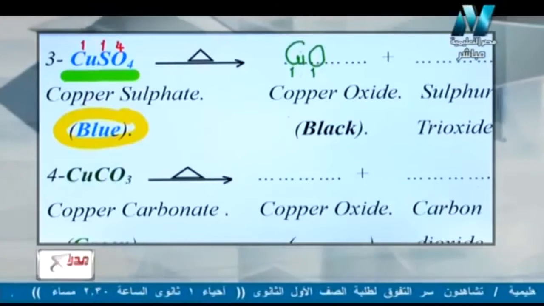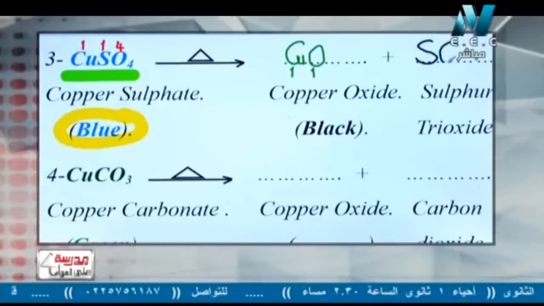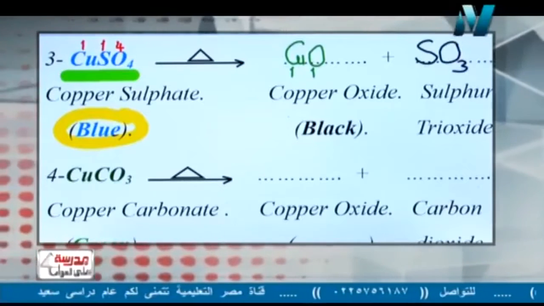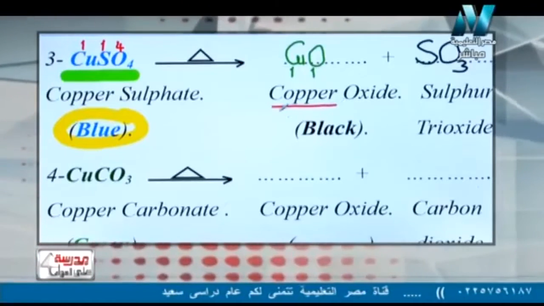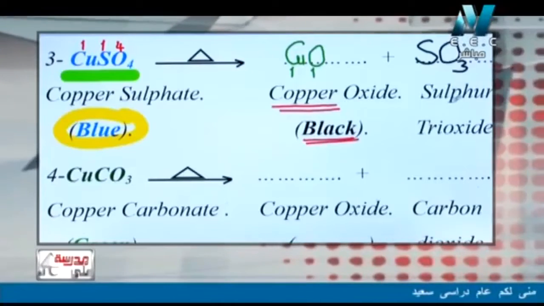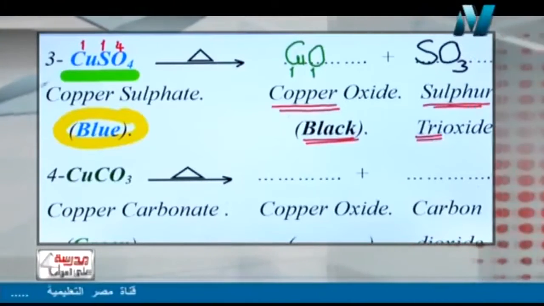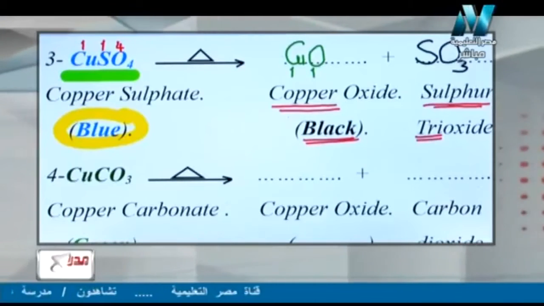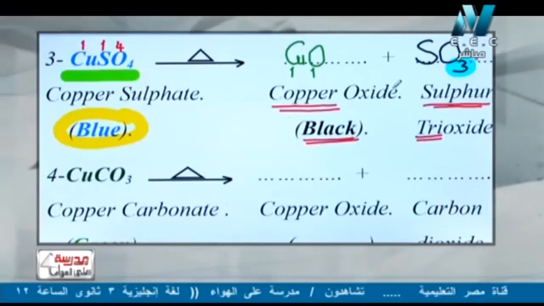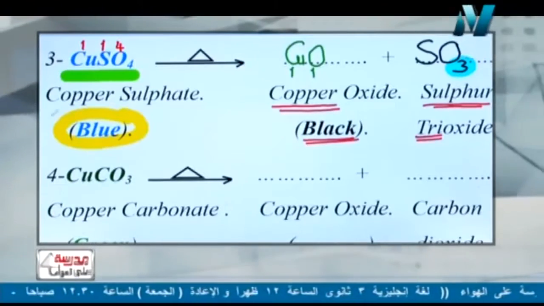So the rest is what? The rest here is SO3. So we have copper oxide, its color is black, and sulfur what? Trioxide. Sulfur trioxide, not sulfur oxide, not sulfur dioxide, but sulfur trioxide.